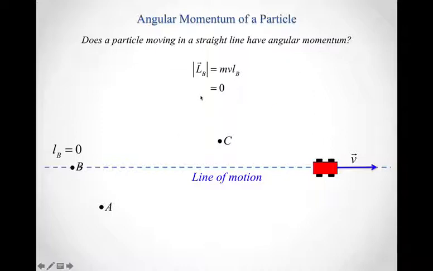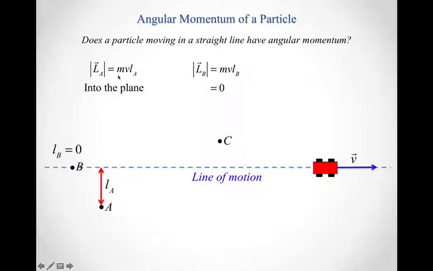Which is why my observer at point B says that the car has no angular momentum. For the observer at point A, there is some perpendicular distance from the observer at A to the line of motion. So as long as your observer doesn't sit along the line of motion, there's going to be some perpendicular distance, which means that there will be some angular momentum.